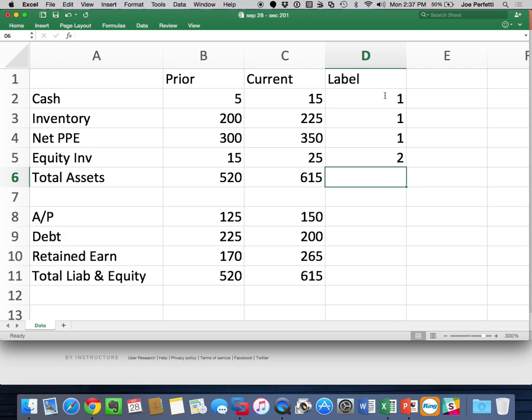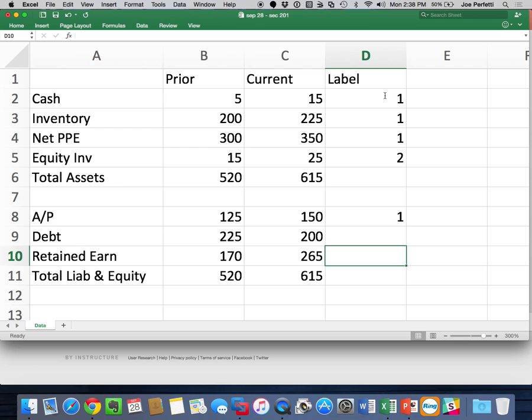Accounts payable. We have 1 operating, 2 non-operating, 3 debt, 4 equity. Yeah, accounts payable, even though it's a liability, is considered an operating liability because it's funding primarily our inventory and our day-to-day operations.